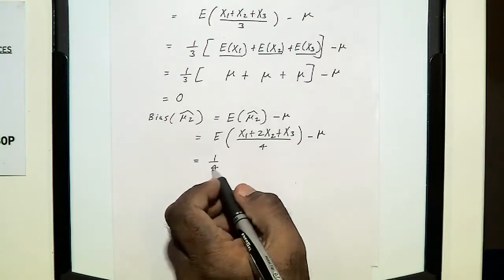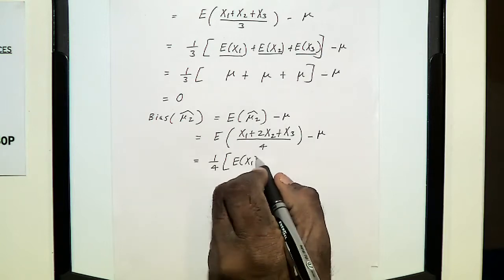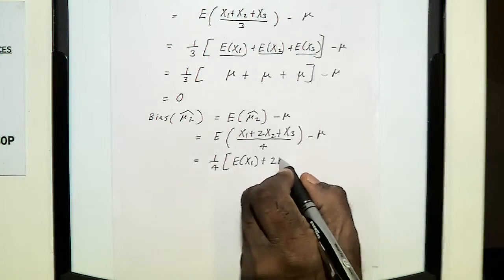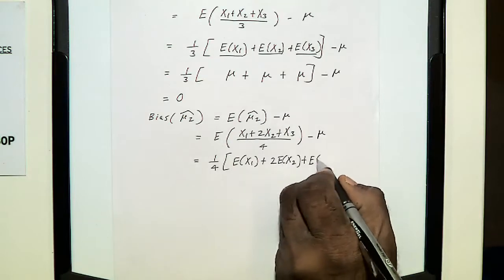You get a quarter times, in brackets, the expectation of x1 plus 2 times the expectation of x2 plus the expectation of x3.